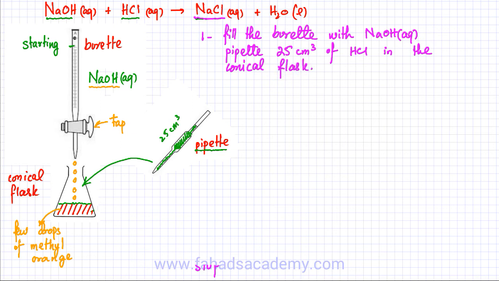Once you've done that, the other step would be that you would have to put a few drops of an indicator solution. That indicator could be methyl orange or it could be phenolphthalein. These are the most commonly used indicators. And in the previous lecture, I've already told you what the color change is going to be.